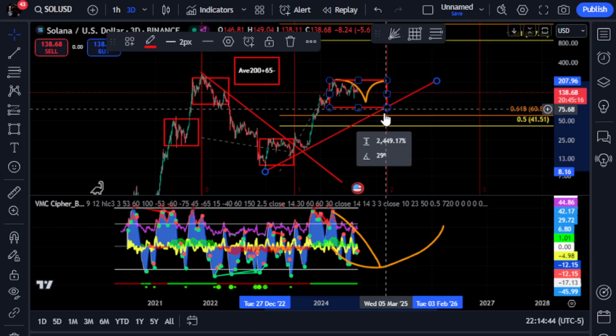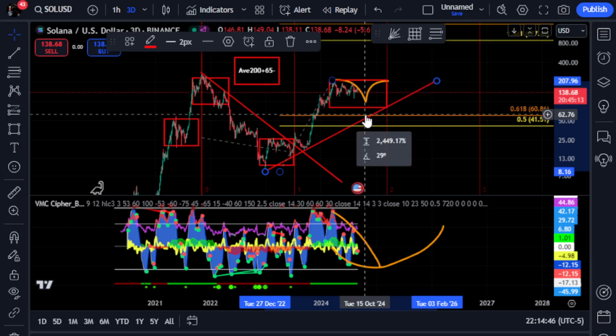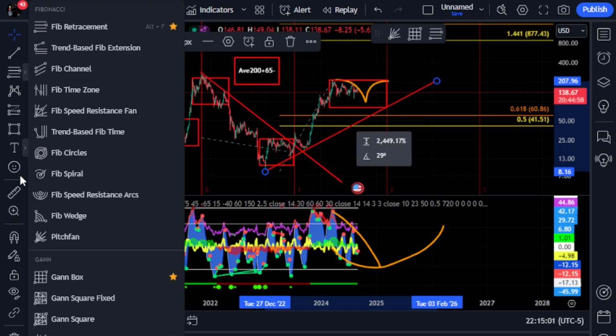So look at our trend line here. Let's say we come on down to our trend line here. I bet that's some correlation there. One thing I want to look at is 75% of our time cycle.